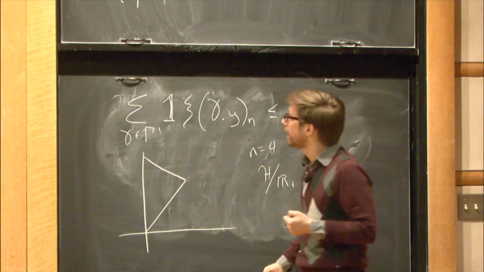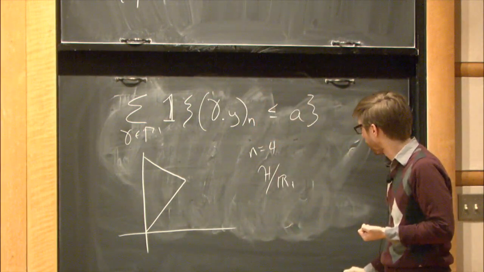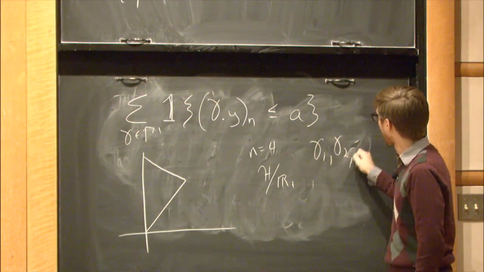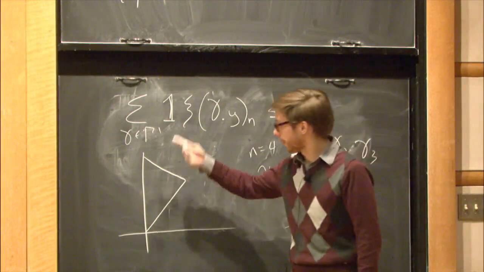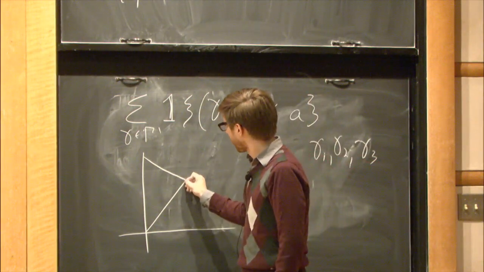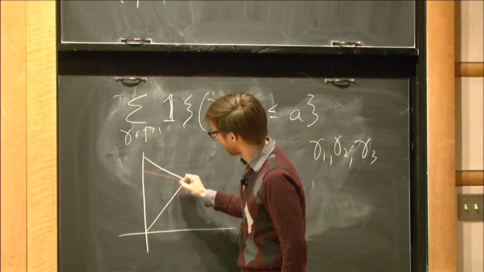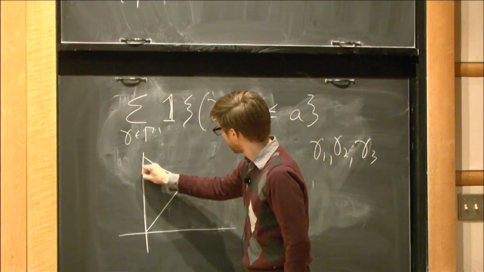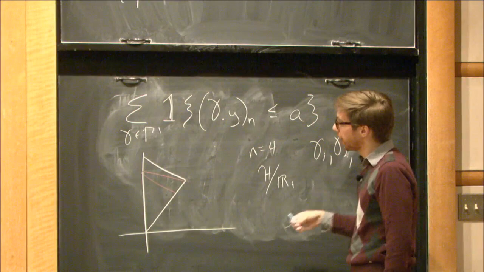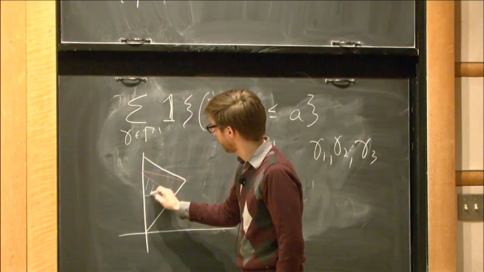And then we want to see how gamma 1, gamma 2, and gamma 3 shrink down this triangle. Gamma 1 maps this entire triangle into a triangle that looks like this. Gamma 2 maps this big triangle into a triangle that looks like this.